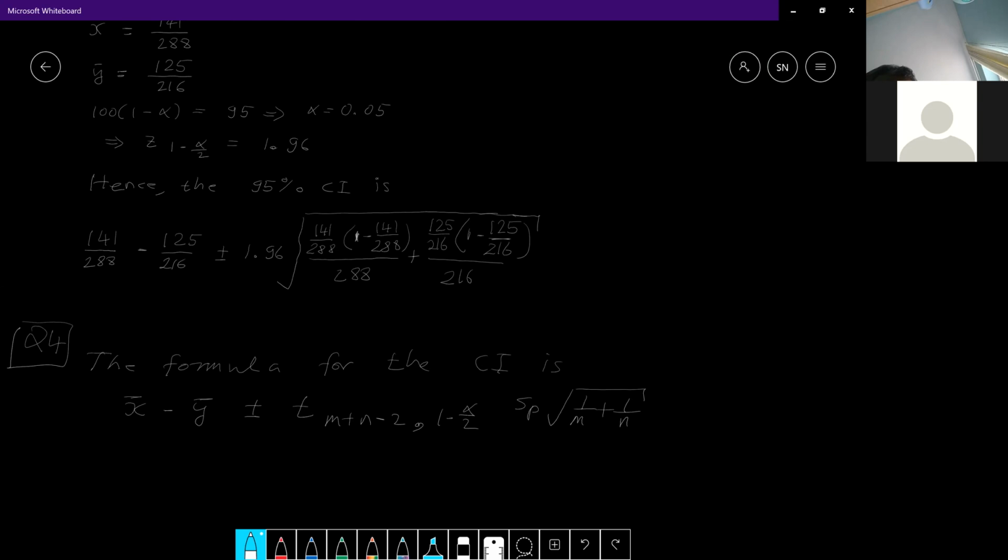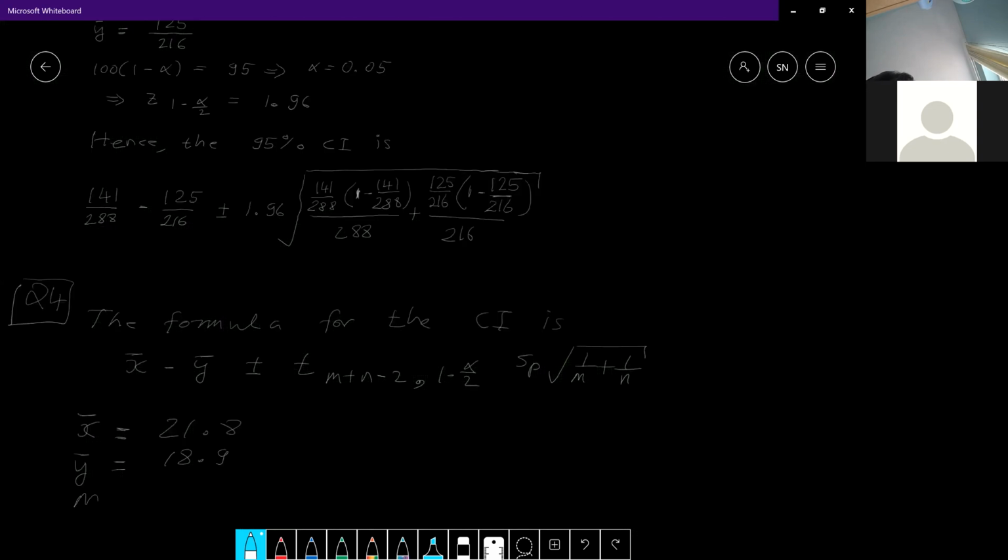X bar is the sample mean for the first population, brand A, which is 21.8. And Y bar is the sample mean for brand B, which is given as 18.9. M is the sample size for brand A, which is 12, and N is also 12, okay?